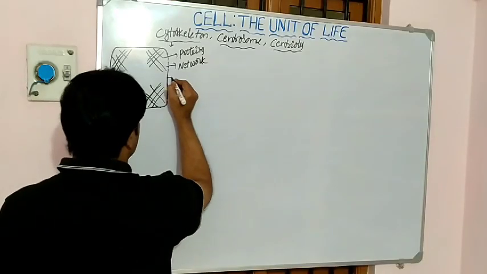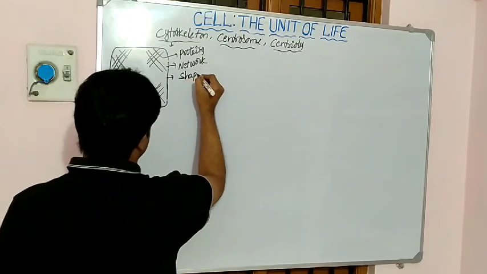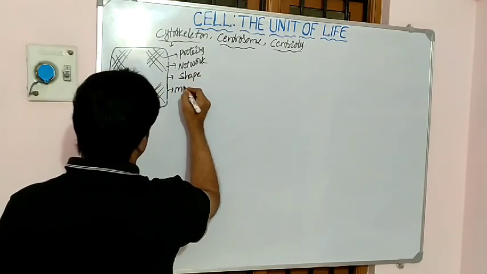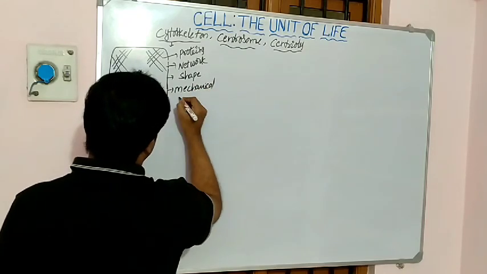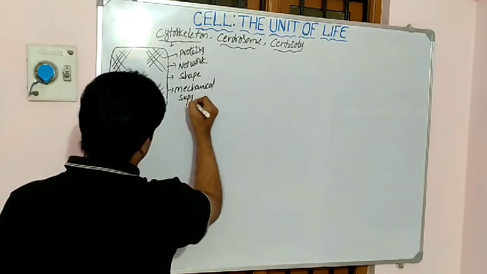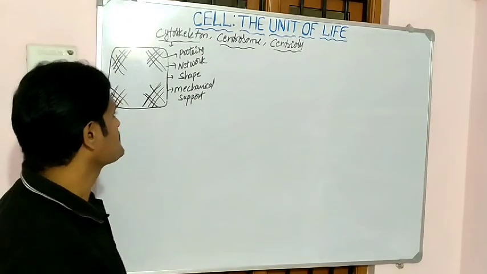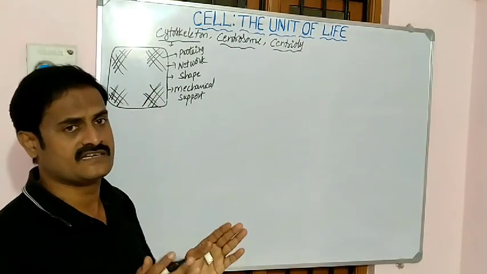And what is its function? It gives shape to the cell, and also it gives mechanical support to the cell. The major function of the cytoskeleton is it gives proper shape to the cell.